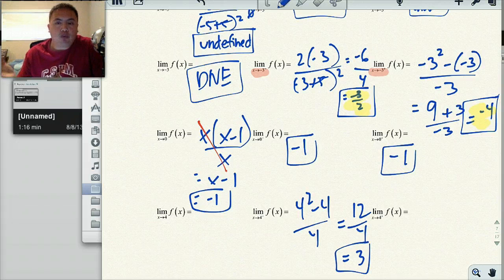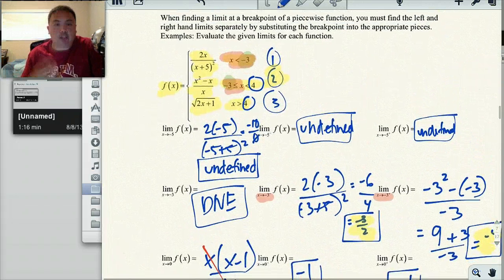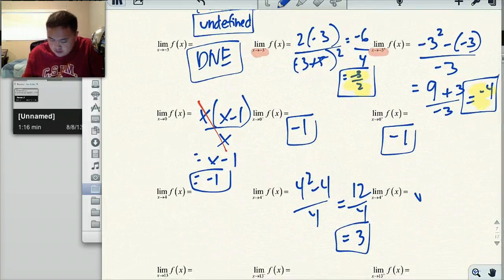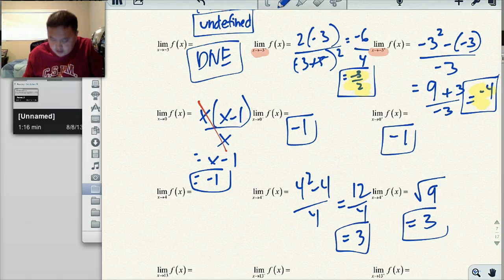For the next one, 4 plus, I will plug in 4 into function number 3. This one I get radical 2 times 4 is 8, 8 plus 1 is 9. I also get 3. In this case, the limit on the left equals the limit on the right, which means the answer is the same as that.